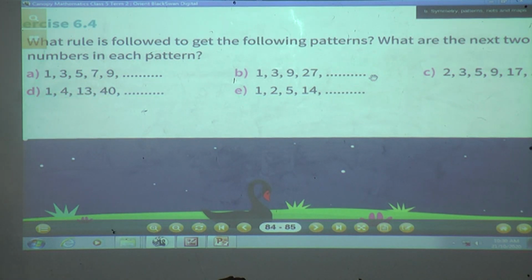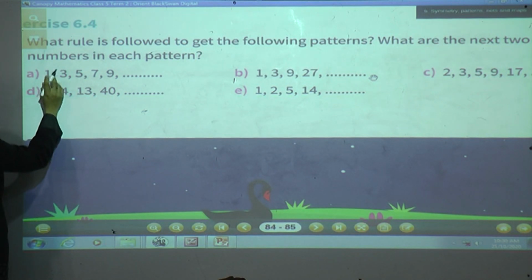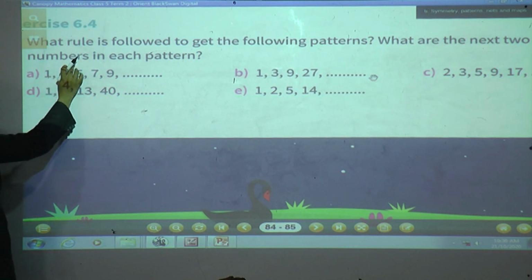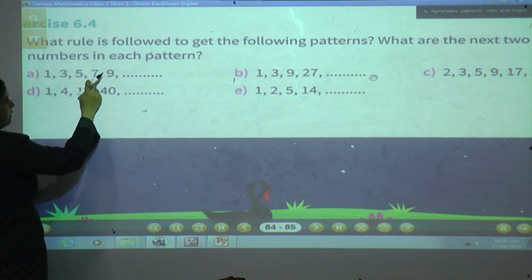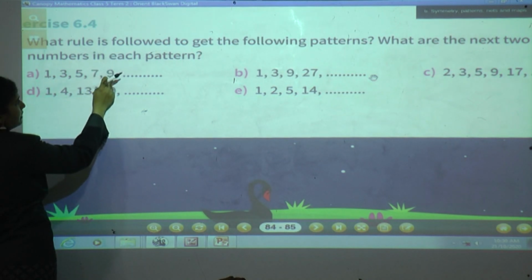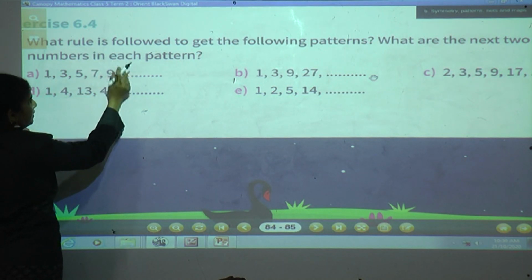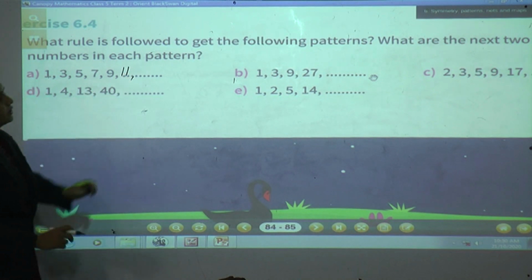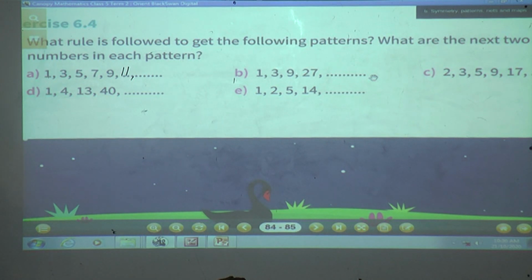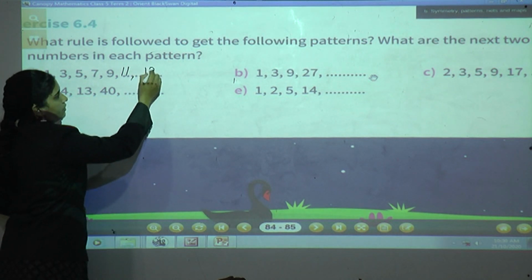Okay, so here they have given us alternate numbers, 1 and they have skipped 2 and here is a 3, skipped 4, 5, skipped 6, 7, skipped 8, here is a 9, so we can skip now 10 and we can write 11. Now the next number, what will come, students? Yes, we can skip 12 and we can write 13.